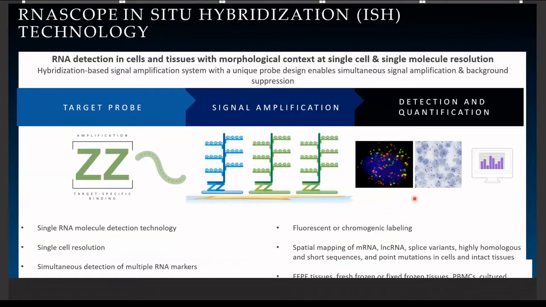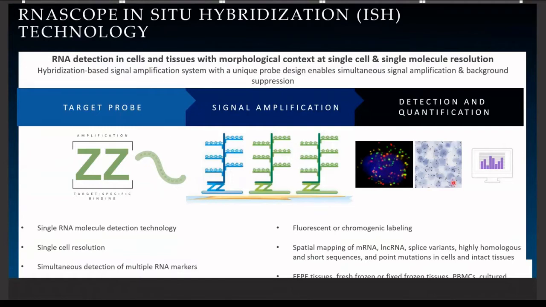So because our assay is so specific, we wanted to make sure that it's flexible enough to be made applicable to different sample types and target types. So with our assay, you can detect mRNA targets, long non-coding RNA targets, splice variants, highly homologous sequences, and so on.